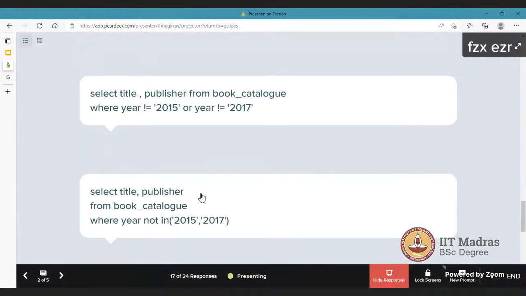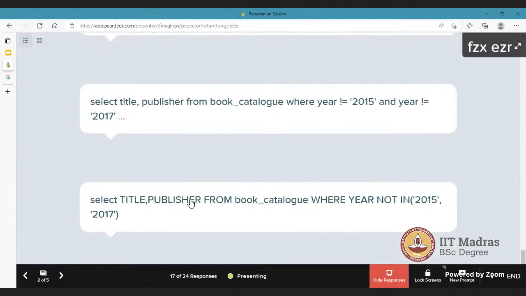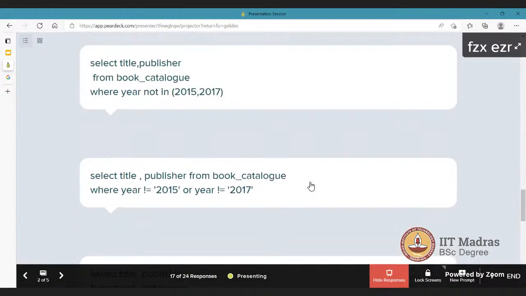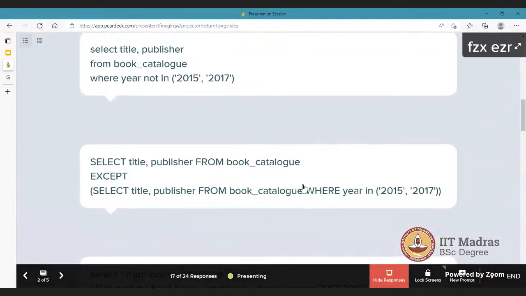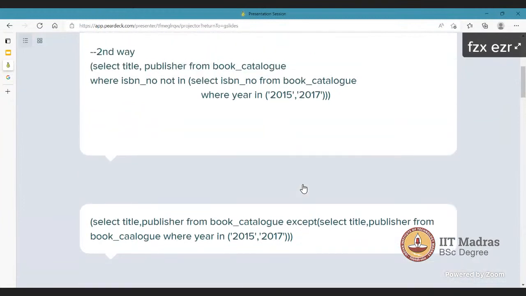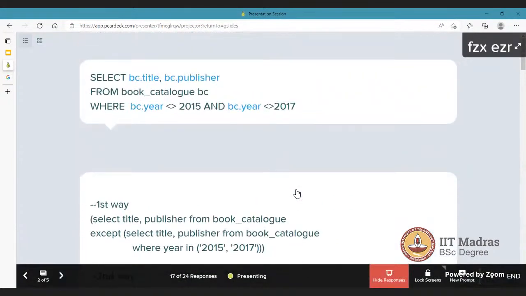Okay, so does anybody have any other approach? All I can see is not in, except. Ma'am, for string and integer comparison, like for the first one, is this correct, or do I have to put single quotes for the years?